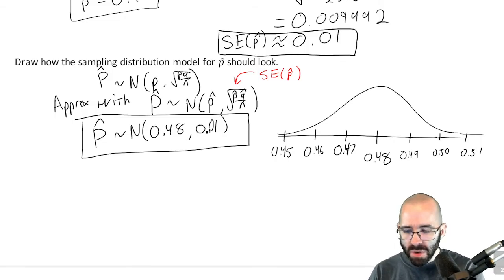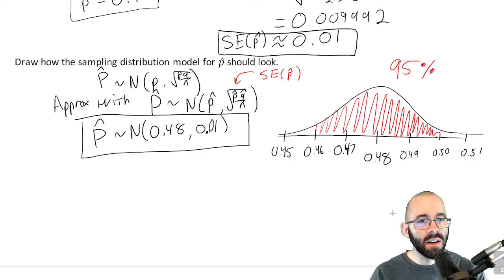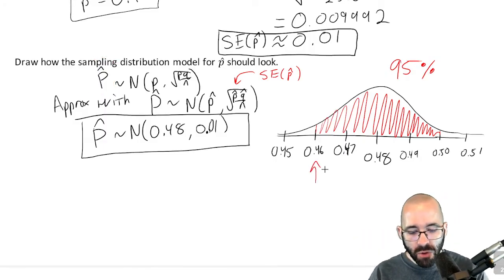Well, the empirical rule says that 95% of the values will be within 2 standard deviations of the mean. So 95% of all of these samples with our approximation should be between 46% and 50%.